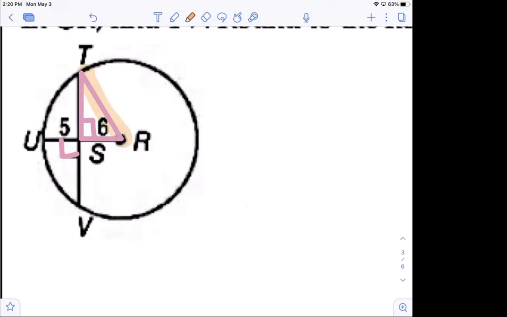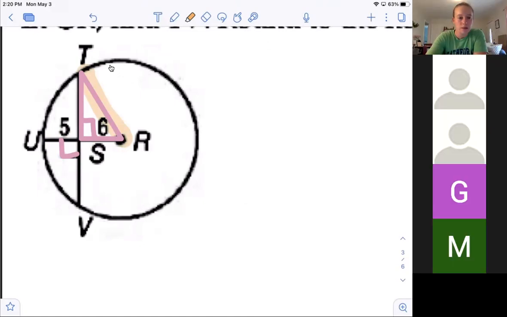Is it 12? It is not 12. We're getting close. Anybody else have a guess? Is it 11?